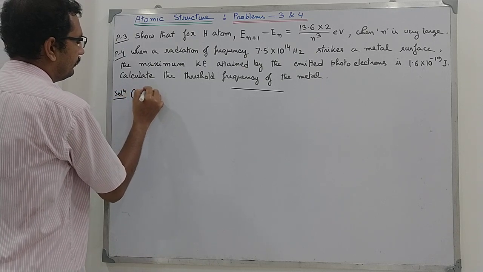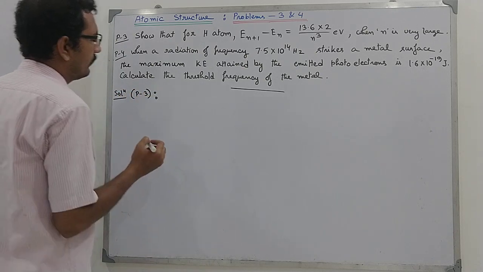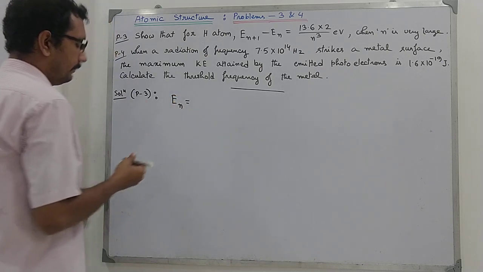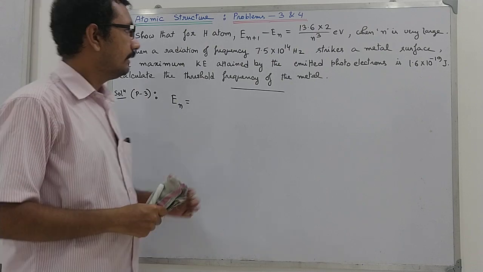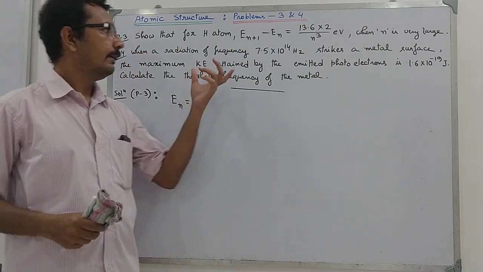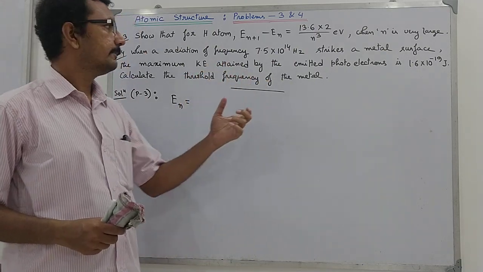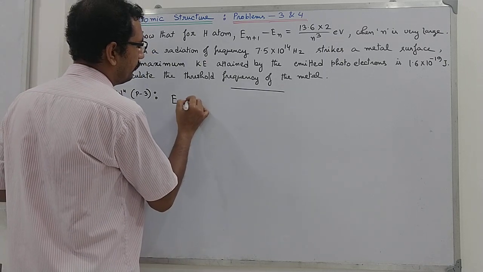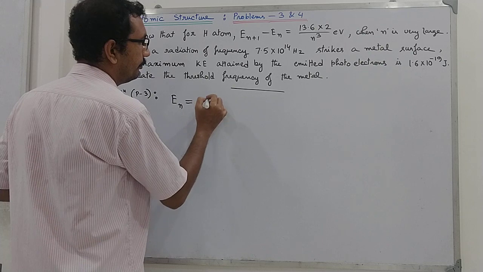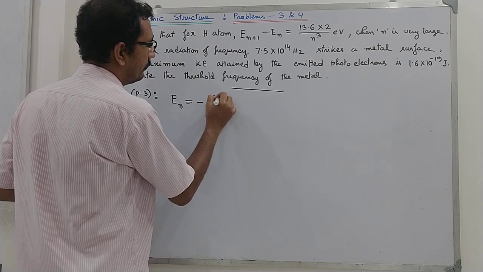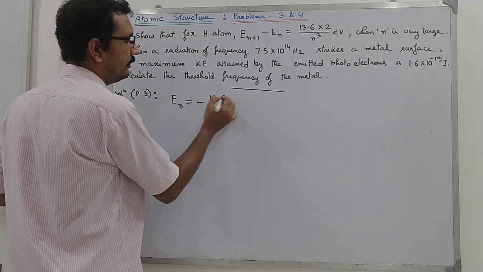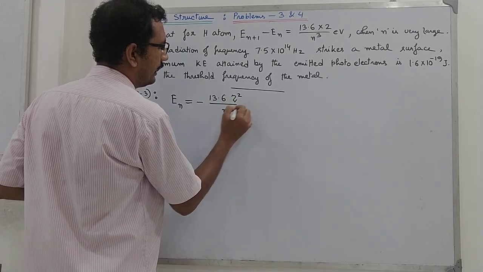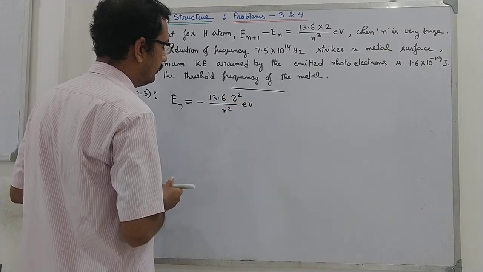Solution of problem 3. Now the energy expression of the atoms which have only one electron is given by the formula that is obtained from Bohr's theory, that is minus 13.6 Z square upon n square electron volt.